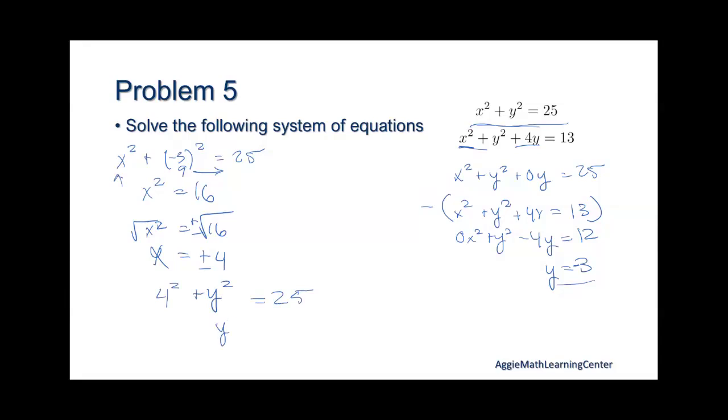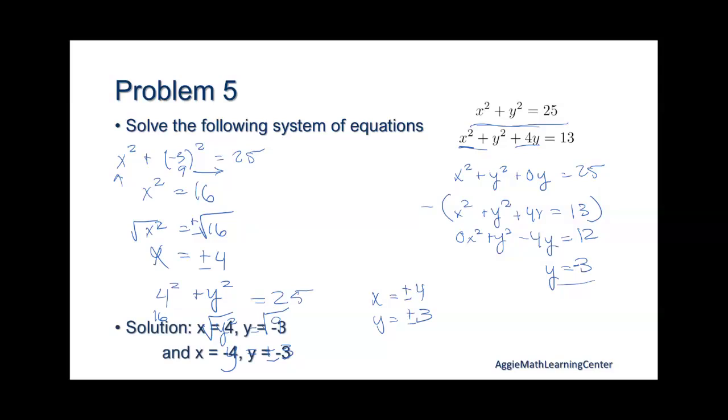And then y squared will equal 9, since this is 16. And in fact, there was a plus or minus 3 in here as well. So I have x equals plus or minus 4 and y equals plus or minus 3. Cool. It's hidden under there, but looks like we got it.